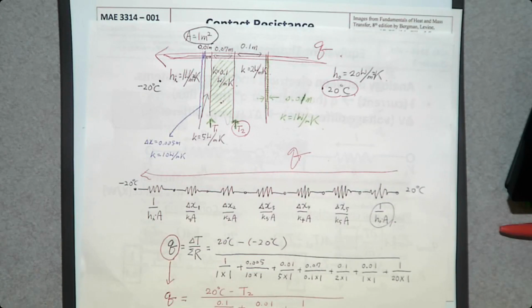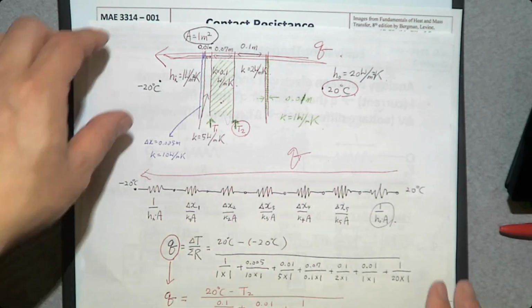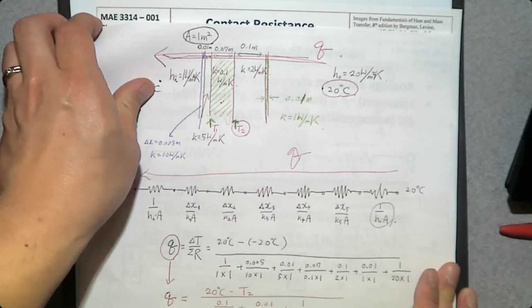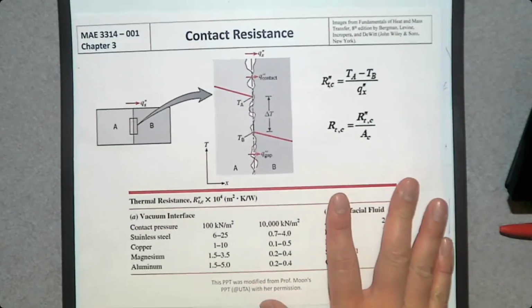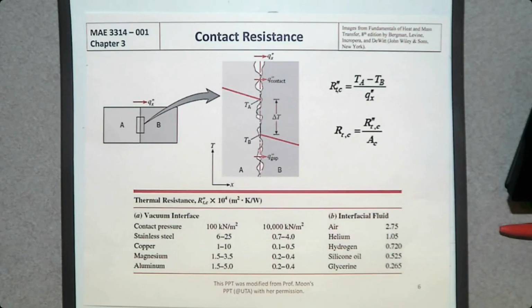How many times can you expect a perfect reality? This is what happens. Usually there is imperfect contact between two solids. Then what's going to happen in terms of heat transfer?